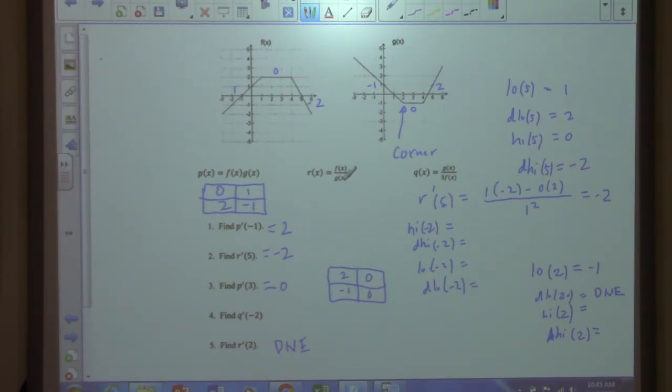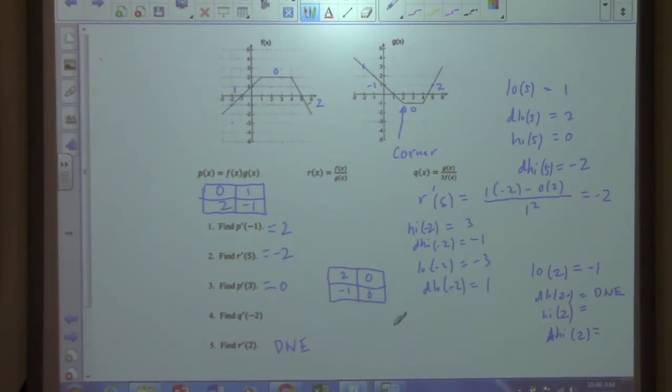No, 3f, I got it wrong. G is the high, so g of -2, we get 3, and then the d high is -1, and the low we have is 3f of x, right? So what's 3 times f of -2? Well, that's -1, and 3 times that is -3, and then our slope of that is going to be 1.